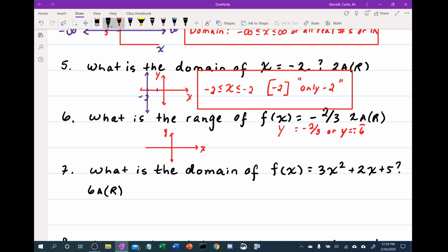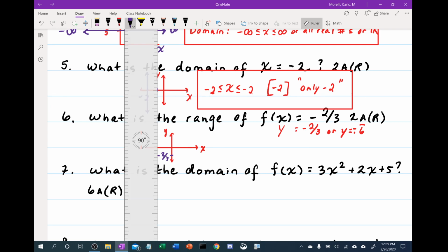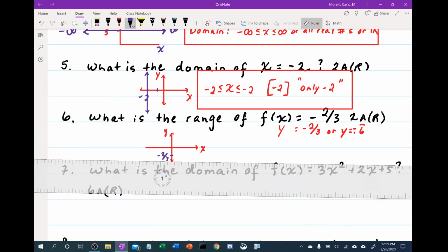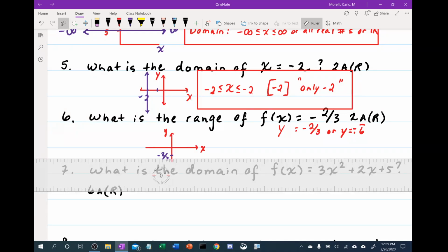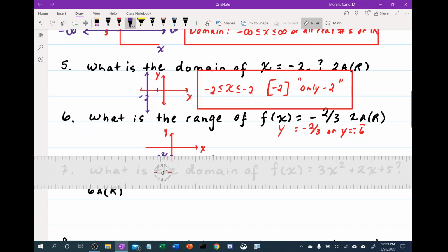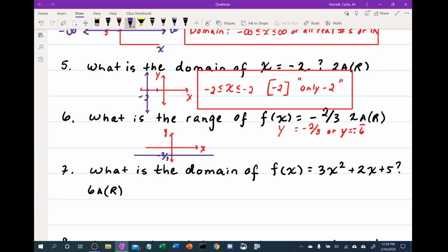Okay, so we'll call this negative 2/3. And here's our line. Okay, the domain is all real numbers. See, that domain is going to infinity in both directions.